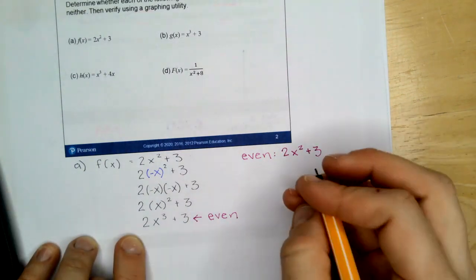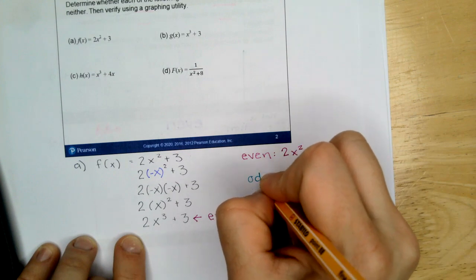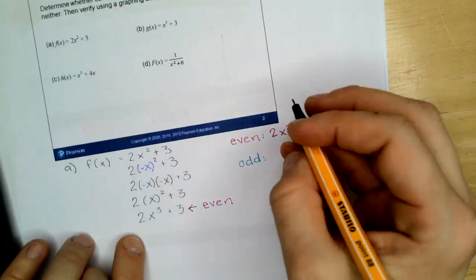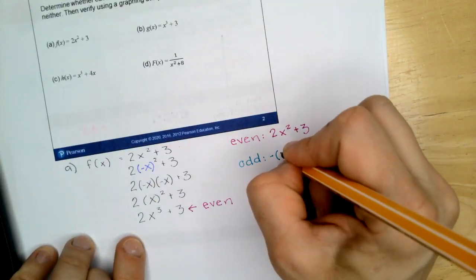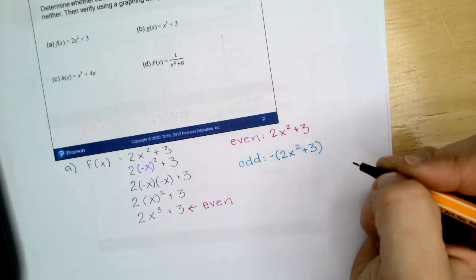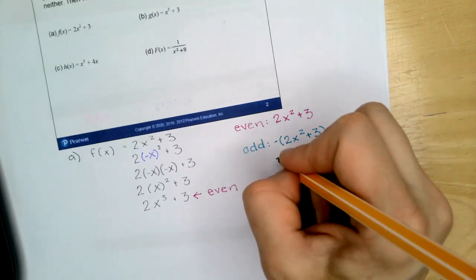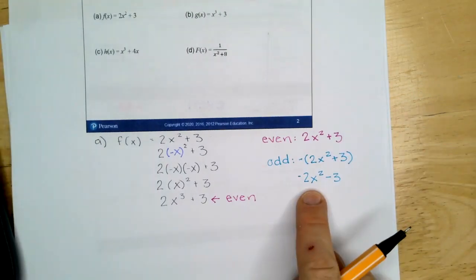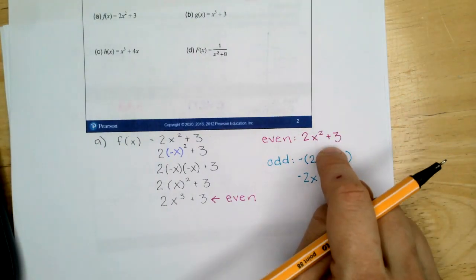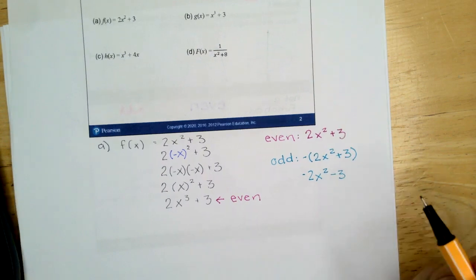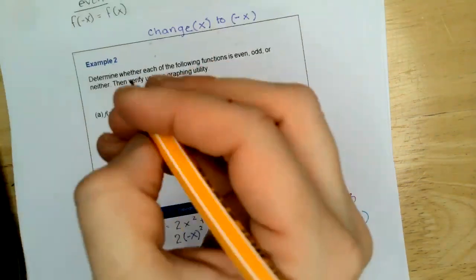If it's odd, what would have happened? It would have become all the way negative, so negative 2x squared plus 3. When I distribute that negative sign, it would have been negative 2x squared minus 3. That's what I need to see if it's an odd function. That's what I need to see if it's an even function after I simplify it. And if it's neither of those, we just say it's neither even nor odd. So we're going to call this one even.